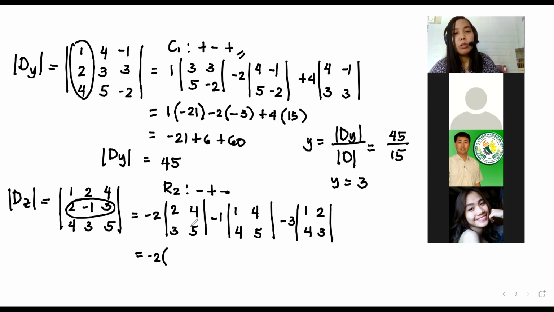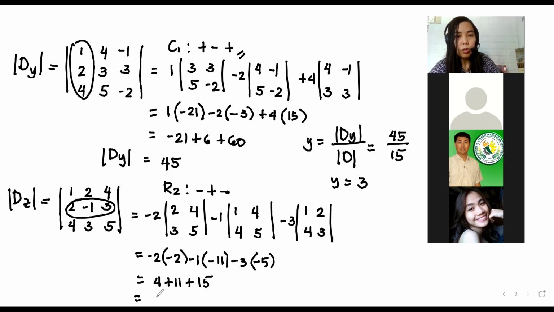And find the determinant now. Negative 2. So this is 10 minus 12. It's negative 2. 5 minus 16. Negative 11. Negative 3. 3 minus 8. Negative 5. Simplify. This is 4. This is 11. This is 15. 30 po.